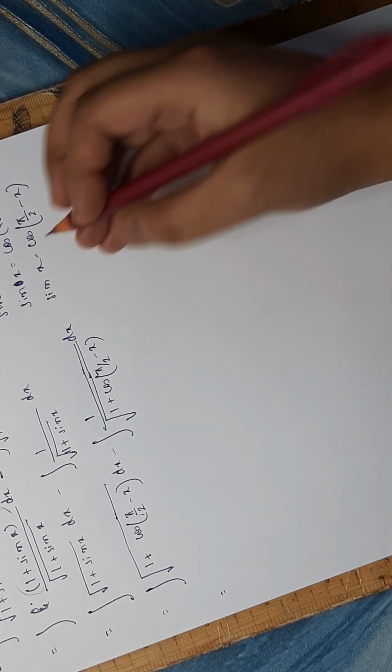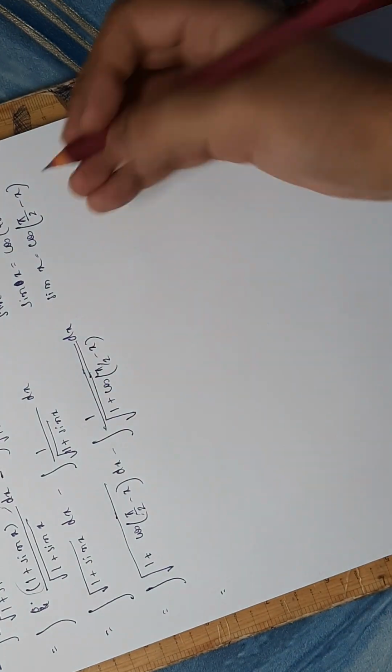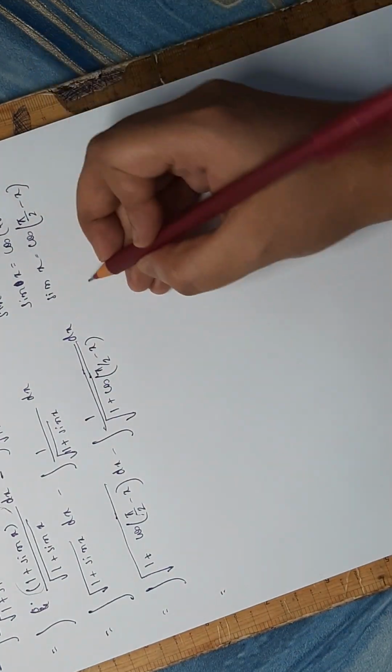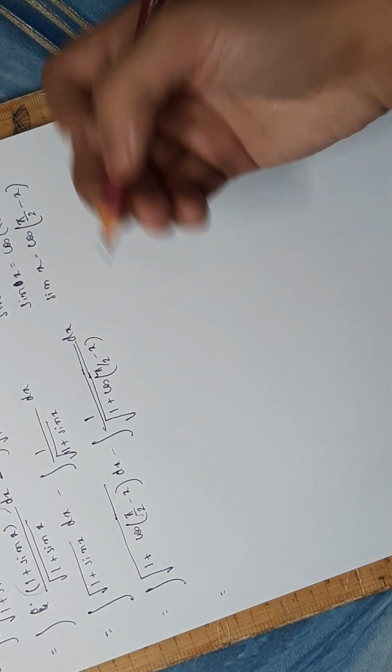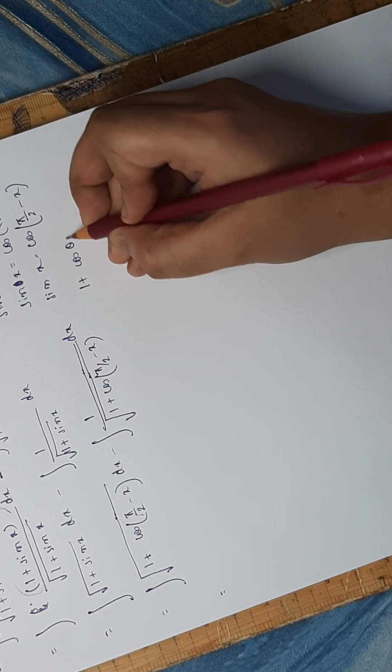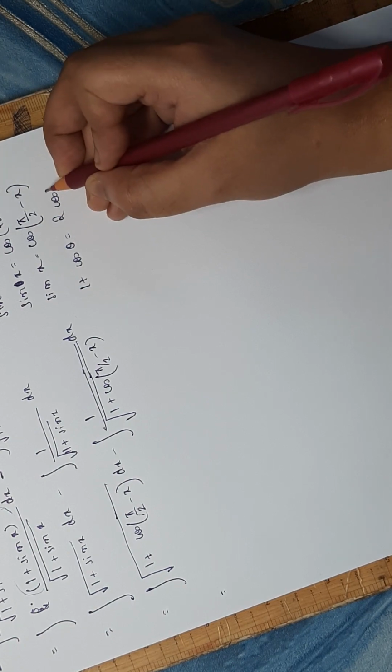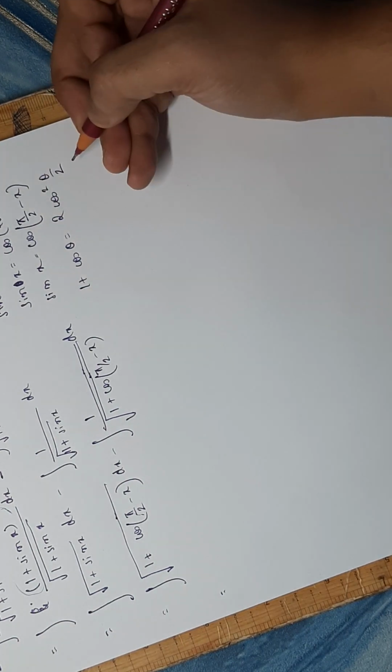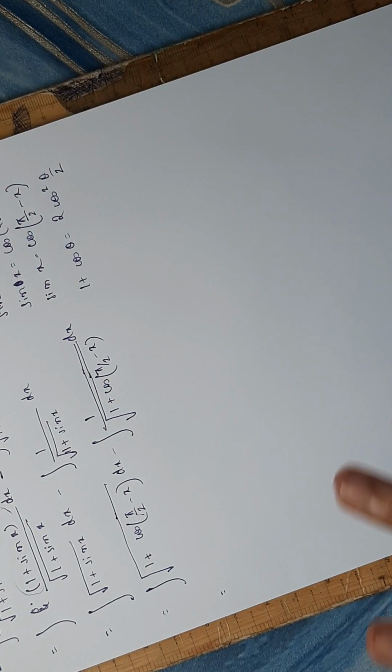First let me express it in theta only so that you don't get confused. If it were 1 plus cos 2 theta, then you would write 2 cos square theta. But here it is 1 plus cos theta, so you have to write 2 cos square theta by 2.